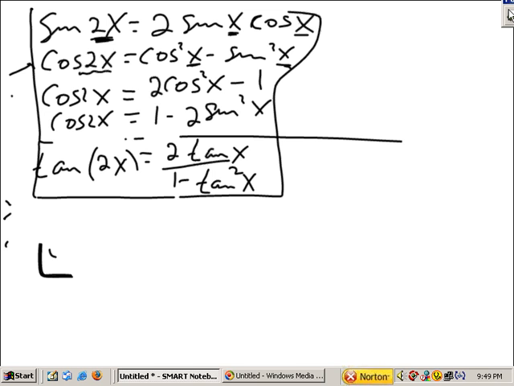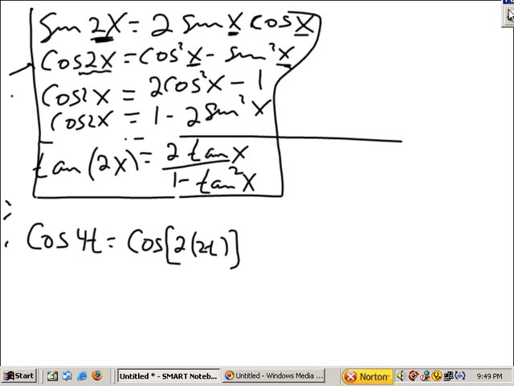Alright, so let's do the problem I just stated. If you do have the cosine of 4t, you should think of it as the cosine of 2 times something, and that something happens to be 2t. So it's 2 times 2t is 4t.